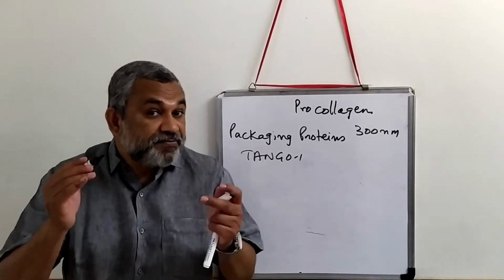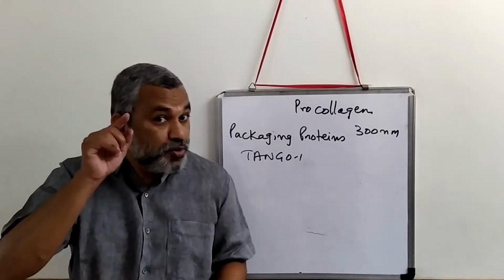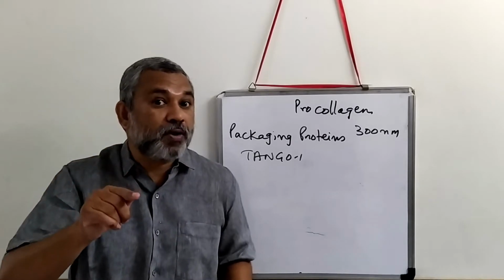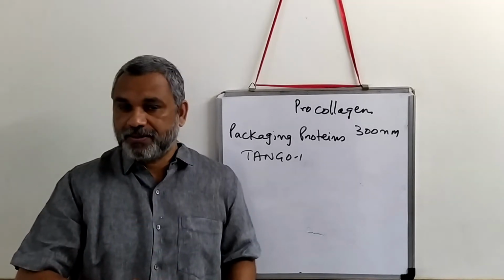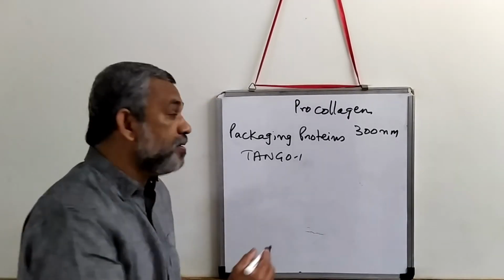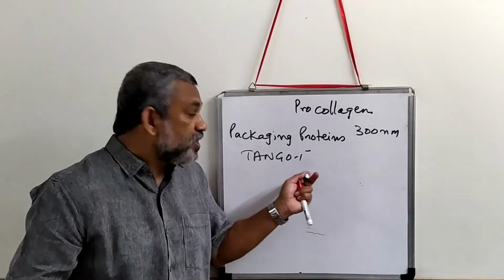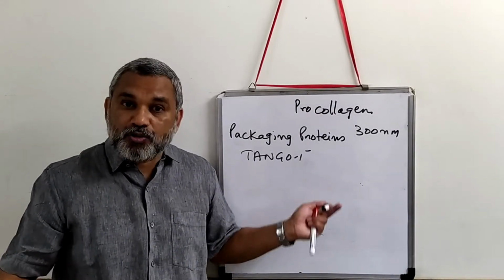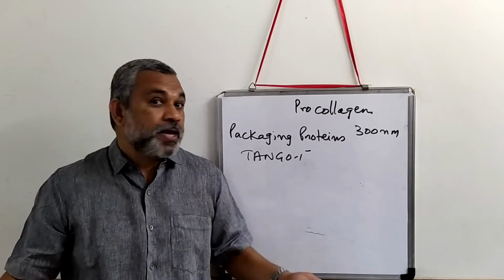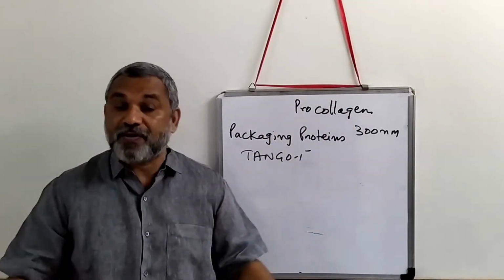How they discovered the existence of this protein is very interesting. They knew that collagen is important for bone formation. So they made this Tango protein negative. They created knockout mice, the Tango minus knockout mice. It is not expressed. When Tango is not expressed, this protein cannot be assembled into a vesicle.